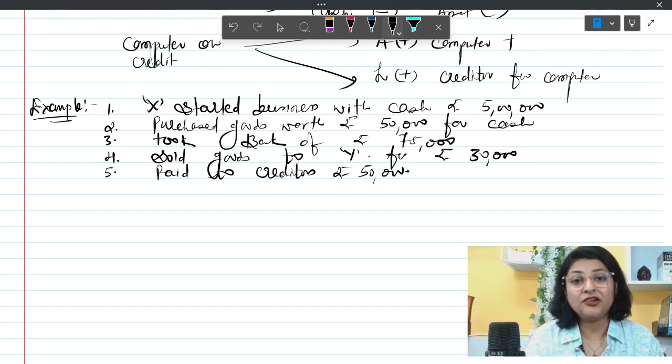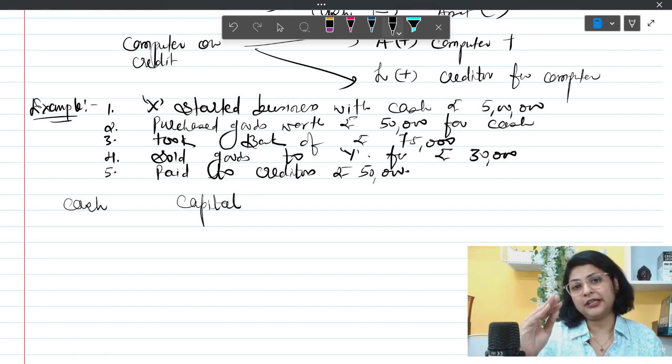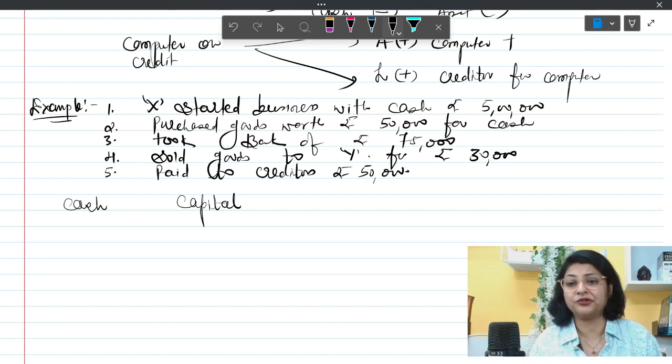When you're reading, you just make a list of all assets and all liabilities which you have to incorporate in your accounting equation. So the first one is X started business with cash. I have noted down here cash is going to come and capital is going to come, because whenever business is being started, on one hand our asset is coming and on other hand our liability is being generated, which is internal liability or owner's capital.